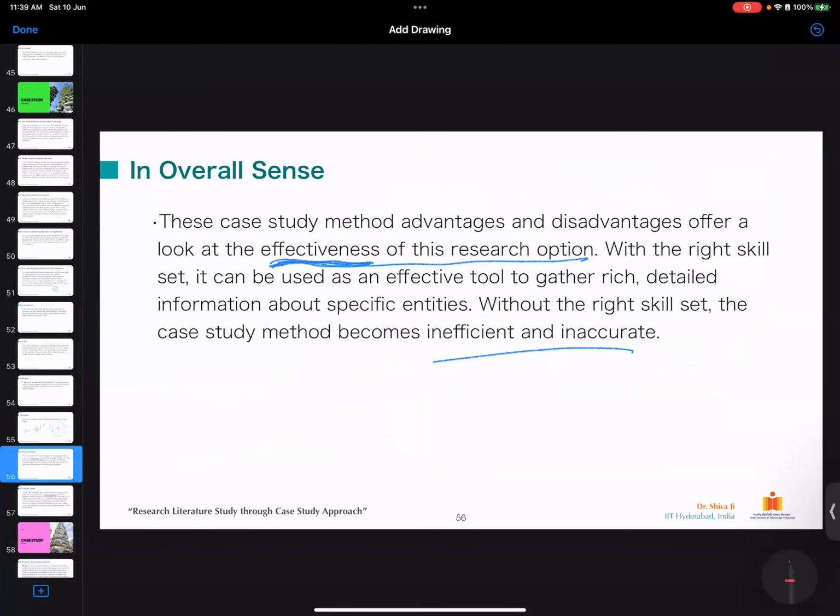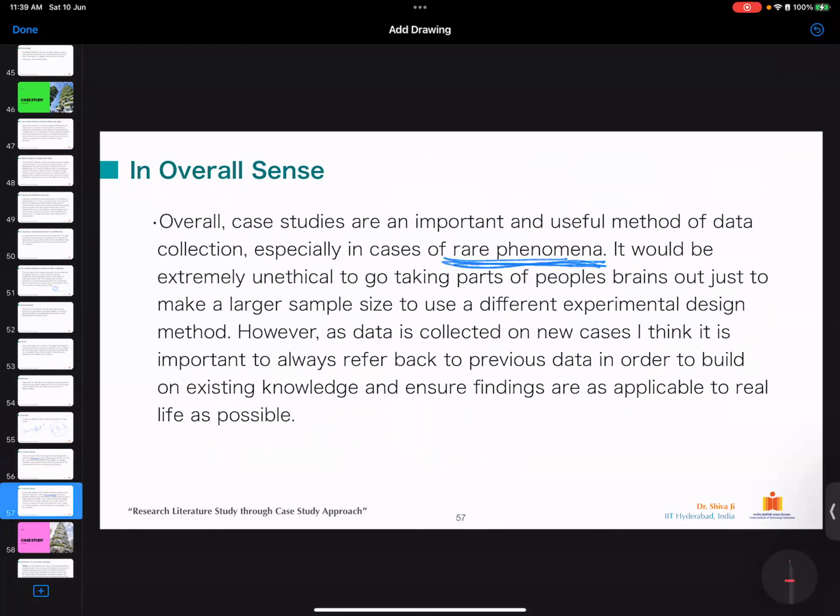In an overall sense, these case study method advantages and disadvantages offer a look at the effectiveness of this research option. With the right skill set, it can be used as an effective tool to gather rich, detailed information about specific entities. Without the right skill set, the case study method becomes inefficient and inadequate. So one has to be very careful and cautious. Otherwise, it's a wonderful tool.